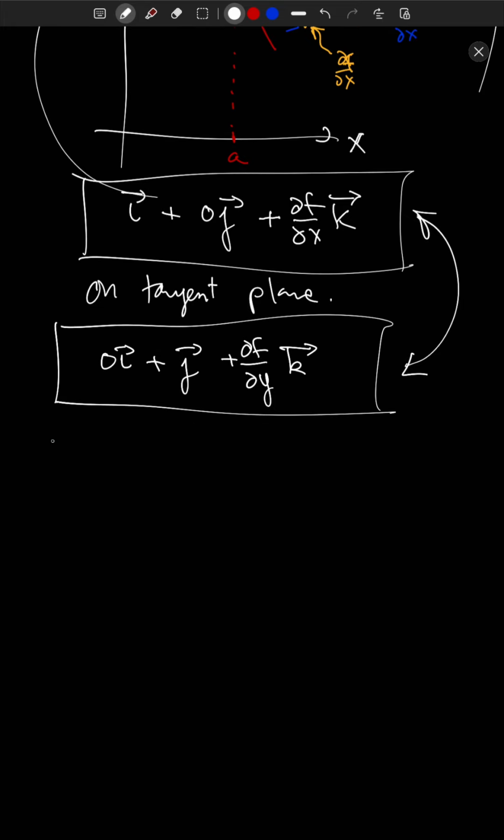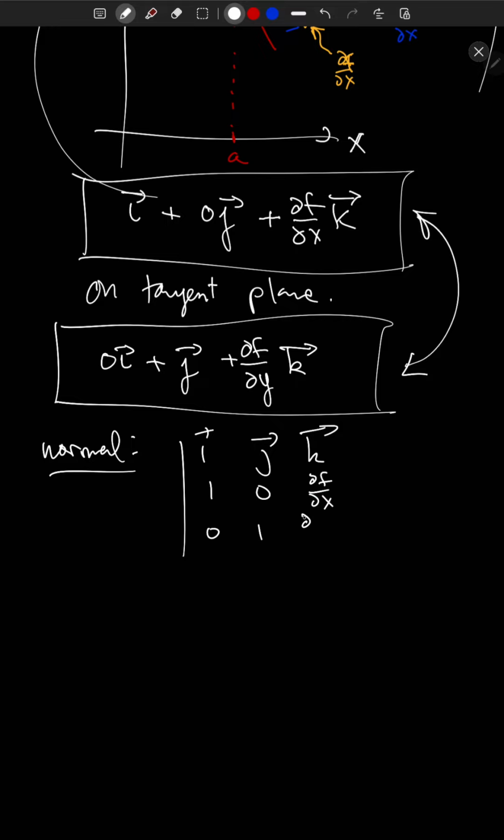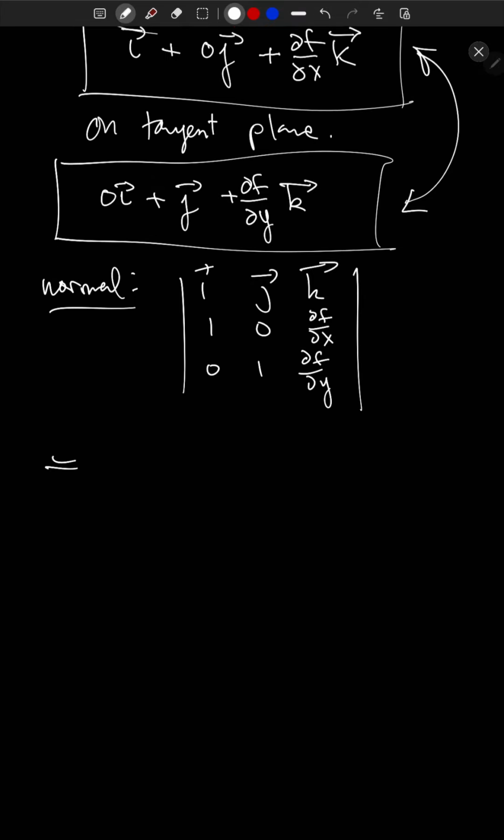Okay, all right, which means that these two represent 2 directions in our tangent plane. So the normal is going to be the cross product. So i j k, let's do it this way. The first one is 1, 0, df dx. Second one is 0, 1, df dy. And then if we actually calculate this, we're going to get minus df dx times i, minus df dy times j, and then plus 1 times k.